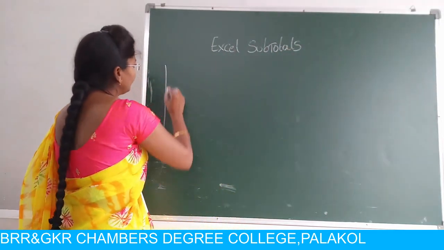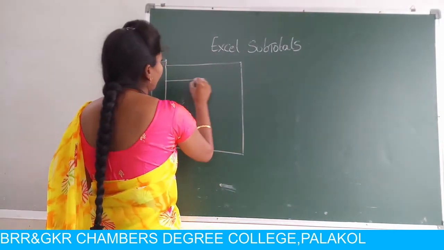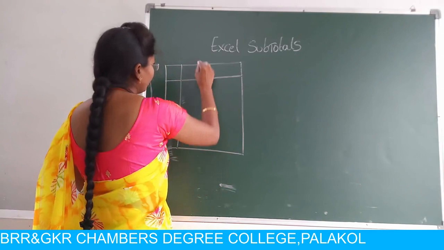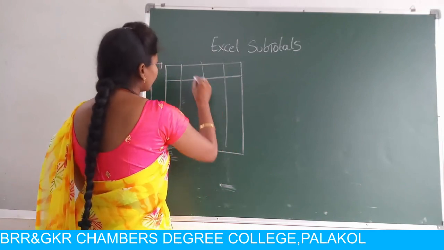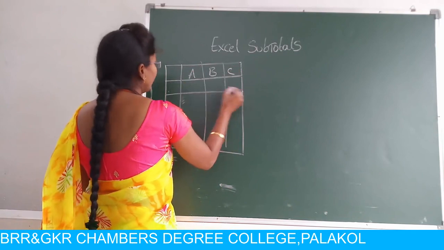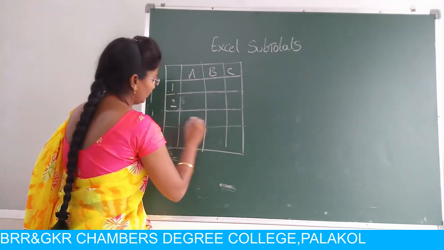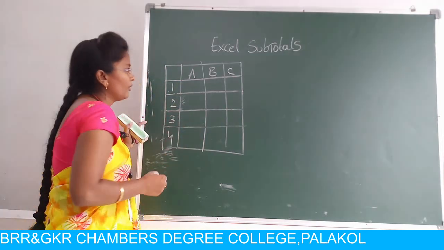And here I am taking the sample Excel sheet over here. Column A, column B, column C, and row 1, row 2, row 3, and row 4.